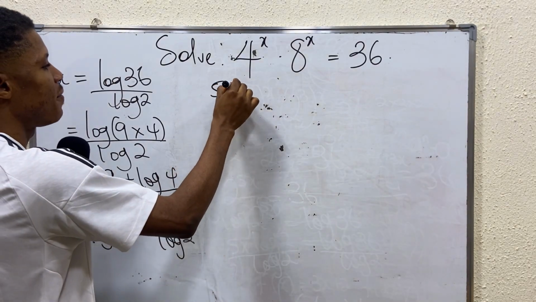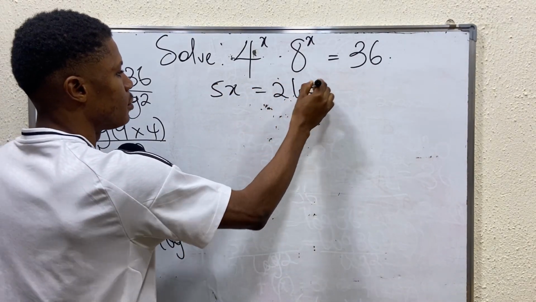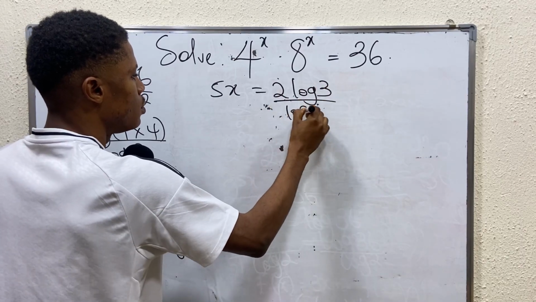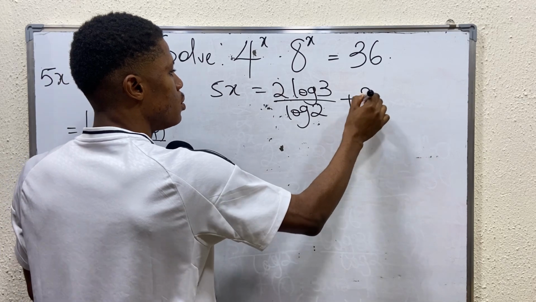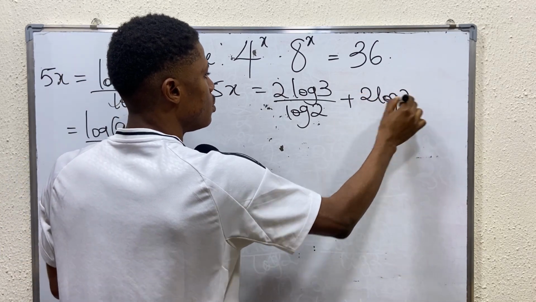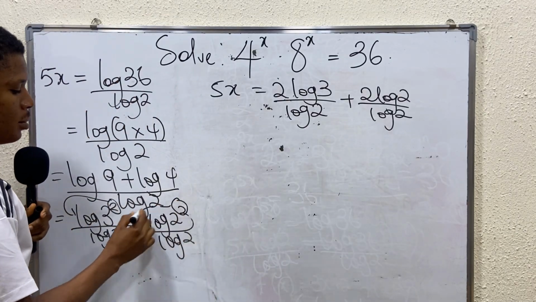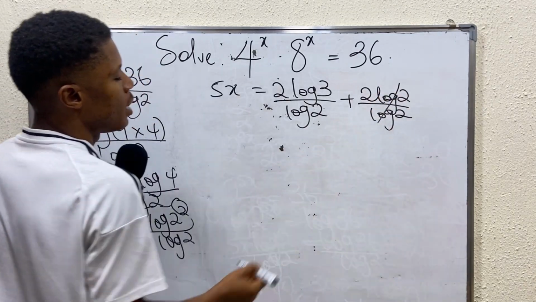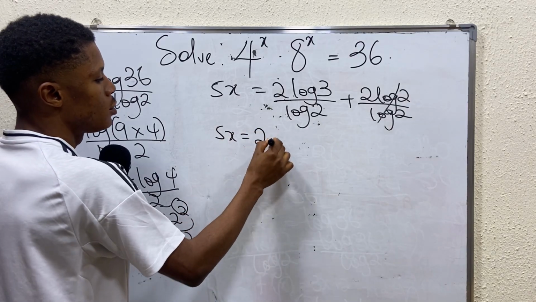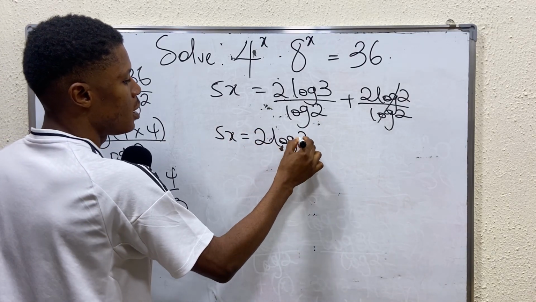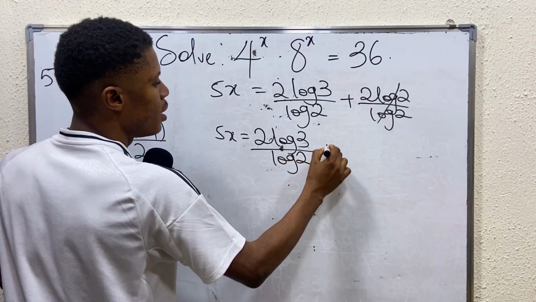So we have it that 5x is equals to 2 log 3 over log 2, okay, plus 2 log 2 over log 2, like this power coming out. So that 2 log 2 will be out. We are having that 5x is equals to 2 log 3 over log 2 plus 2.